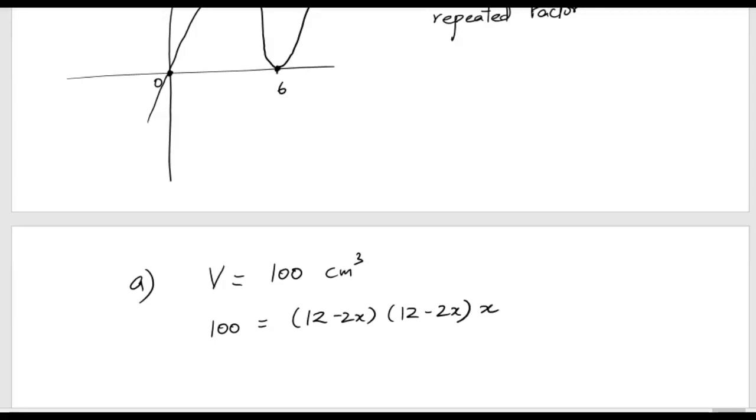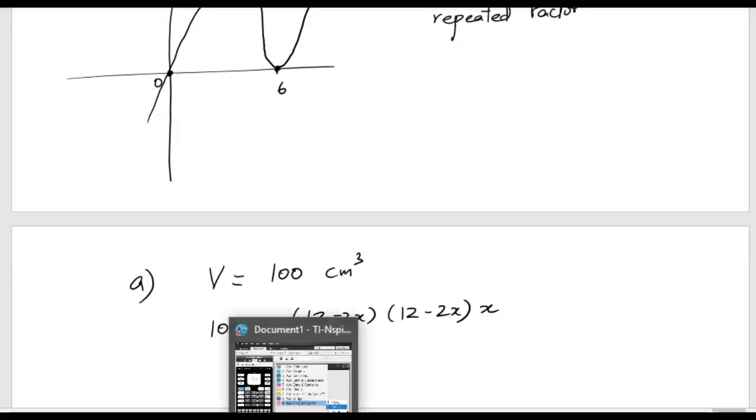Now to solve for this, we can use our CAS calculators, or if you want to solve it by hand, you've got to expand the brackets first, bring all the terms over to one side, and you might end up with a cubic function which you would then have to factorize. In this case we're just going to use our CAS calculator.